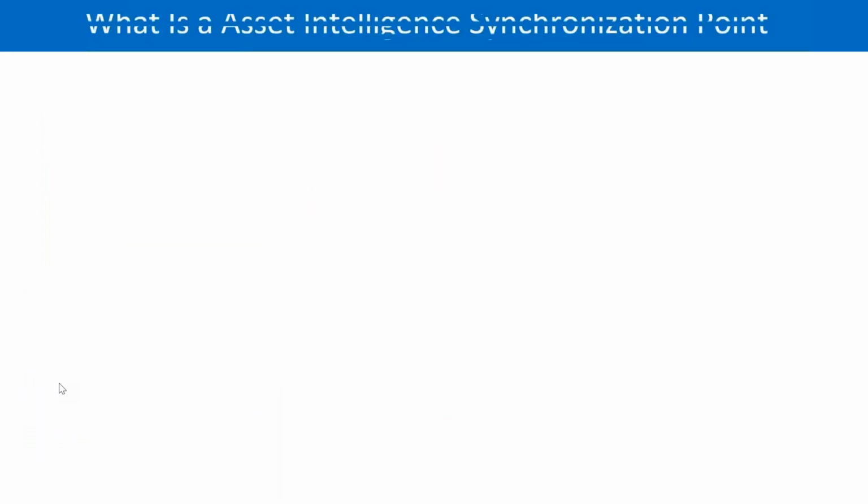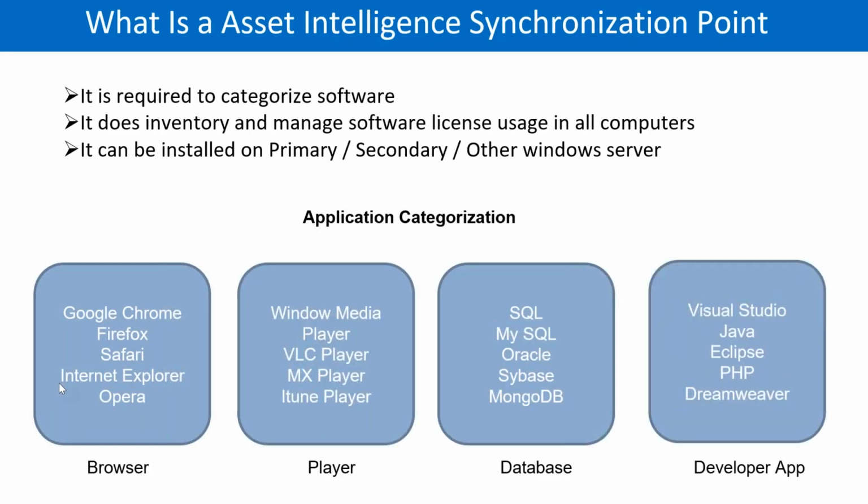SMS provider. Then we have the asset intelligence synchronization point. Asset intelligence is to categorize software. Suppose you have thousands and thousands of software in your inventory list. Now how will you categorize the software in that list? You don't have to categorize manually. The SCCM component, asset intelligence synchronization point, will categorize the software.